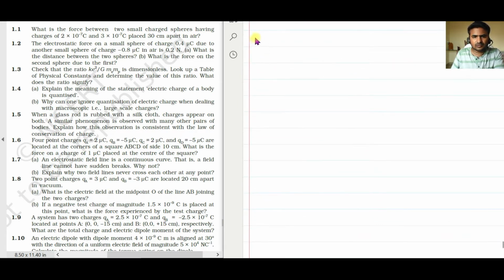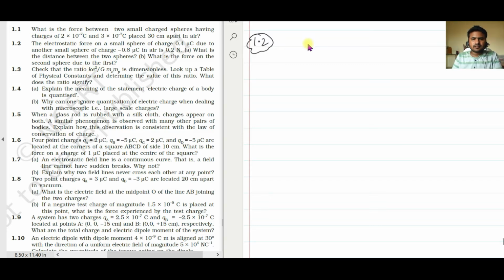Question number 1.2 says that the electrostatic force on a small sphere of charge 0.4 microcoulomb due to another small sphere of charge minus 0.8 microcoulomb in air is 0.2 Newton. What is the distance between the two spheres? That's the first part of the question. The second part is: what is the force on the second sphere due to the first sphere?